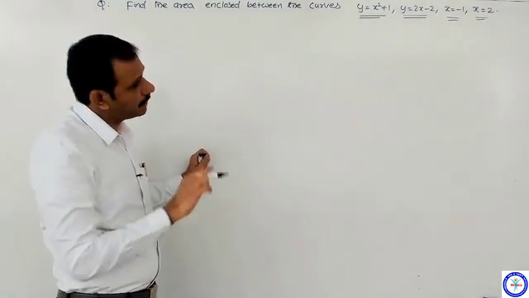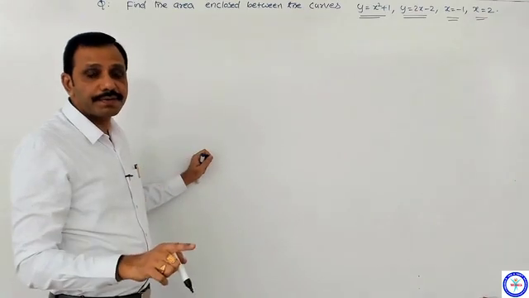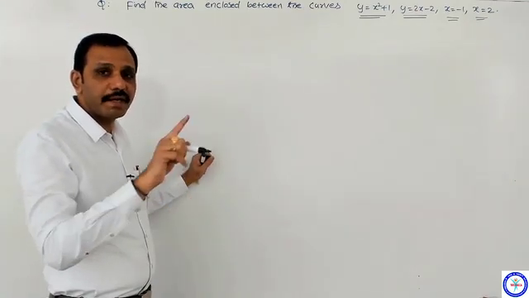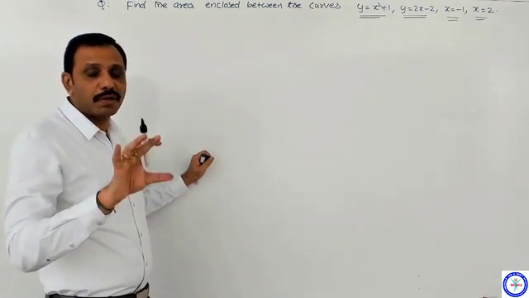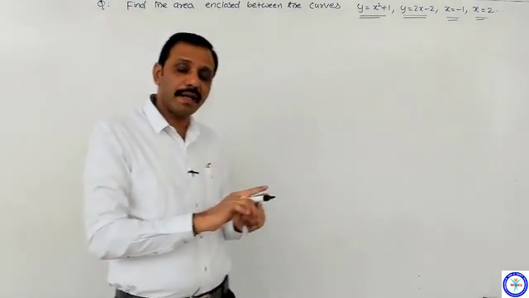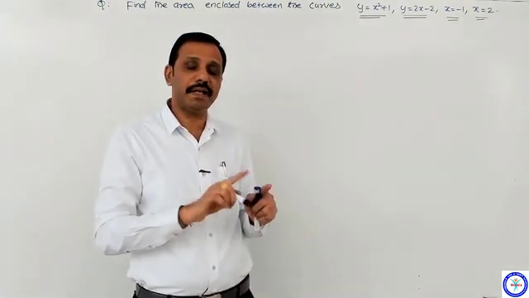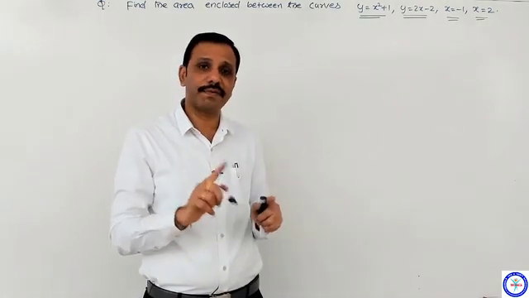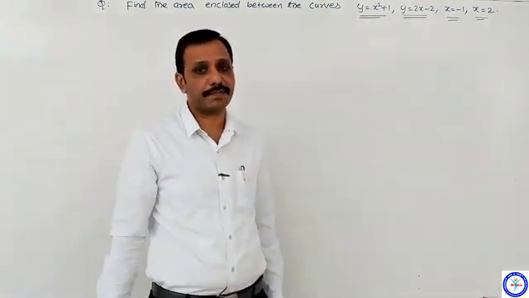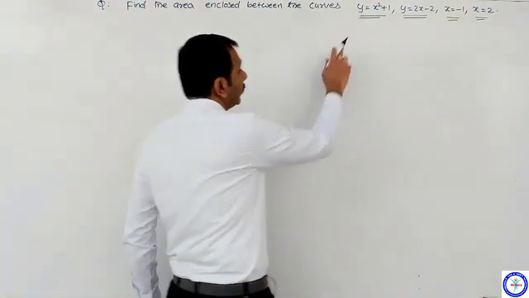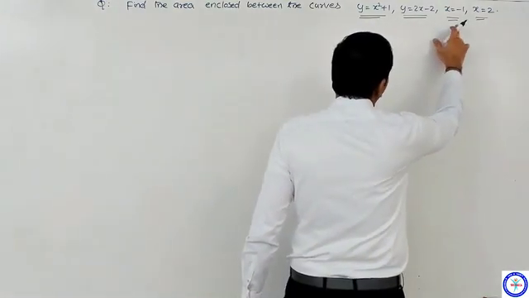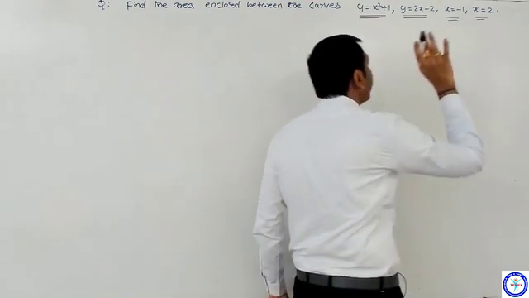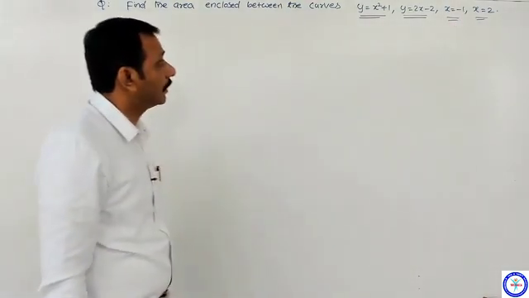In the previous problem they just gave two curves and asked us to find the area between them. Two curves given and area between them means definitely they must intersect and a closed figure we will get, that area they are asking. Whereas here these two curves are given and two lines x equal to minus 1 and x equal to 2 they have given.